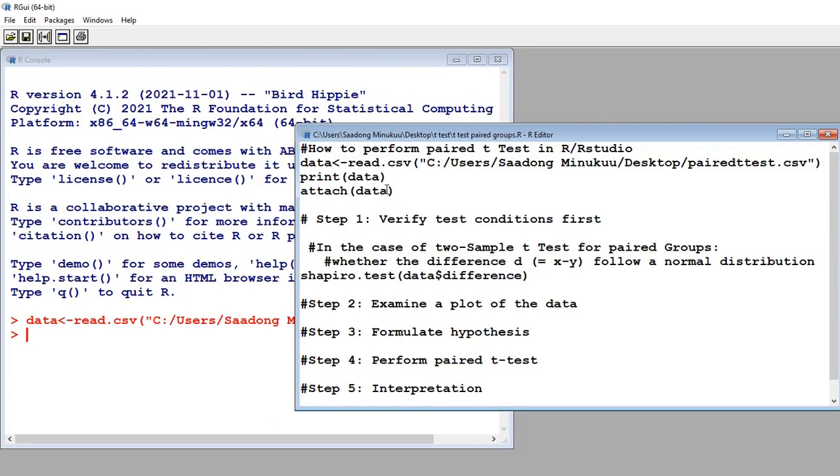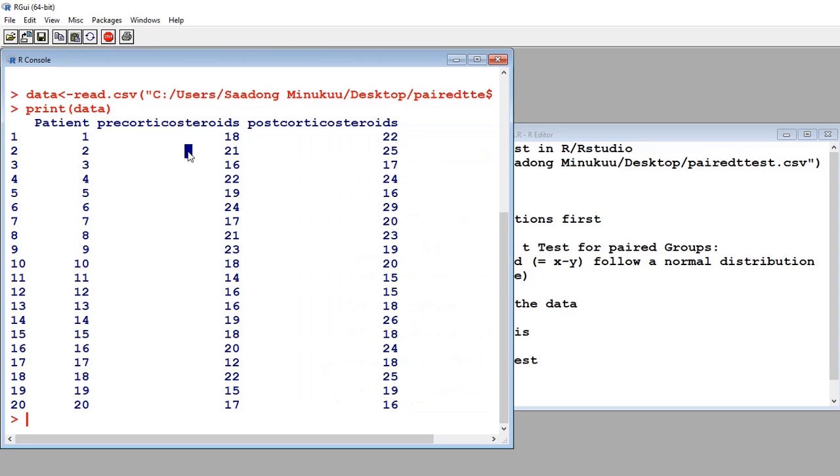Okay. Now, after reading my data set into R, if I want to visualize the data, then we say print, in brackets, data, and that shows the data set. Alright, so we have our data set here of 20 individuals who underwent corticosteroid treatment. So we have pre-corticosteroid and post-corticosteroid, that was after the treatment.